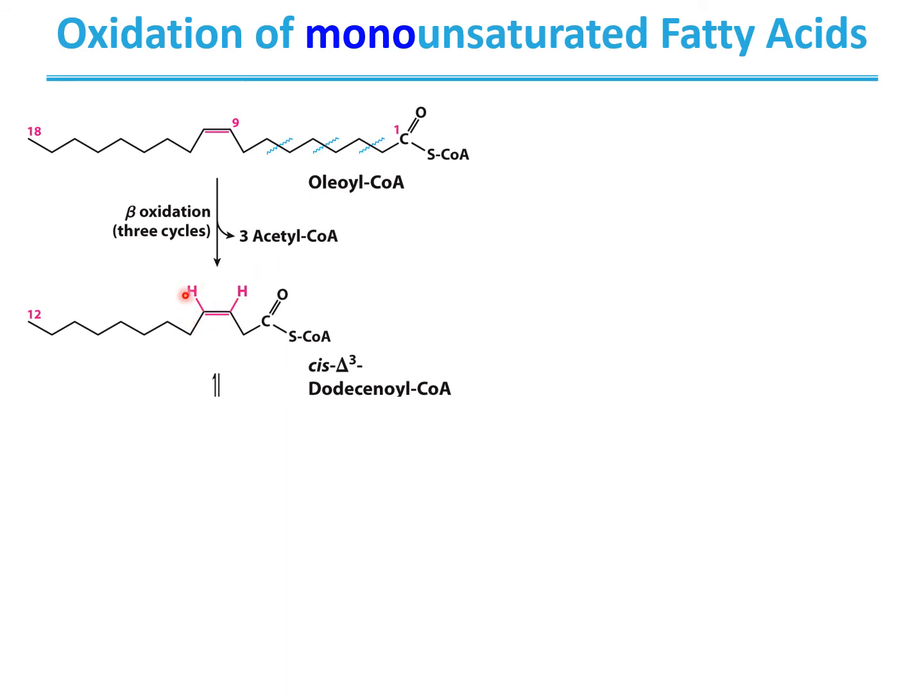These naturally occurring fatty acids with unsaturations have this conformation in cis here. There are 2 hydrogens on the same side. However, if you remember, the first step of oxidation of a fatty acid includes the generation of one double bond, but this is created in trans.